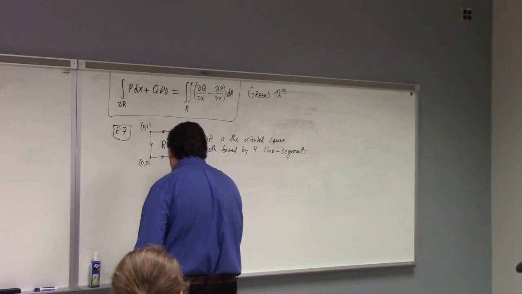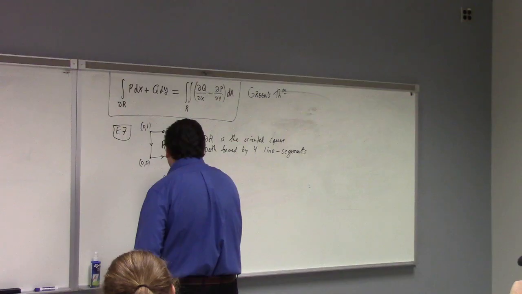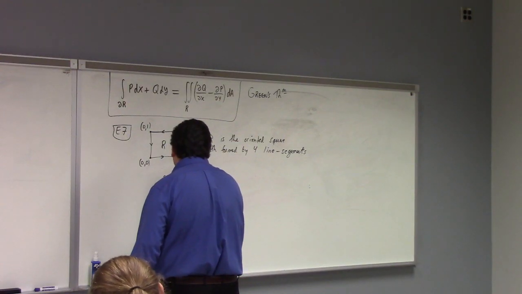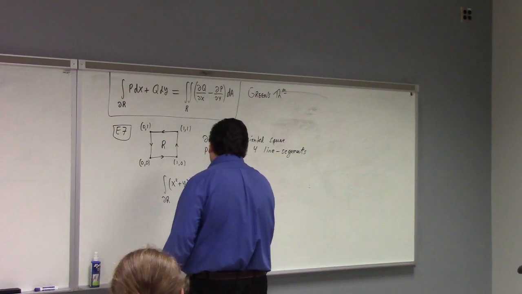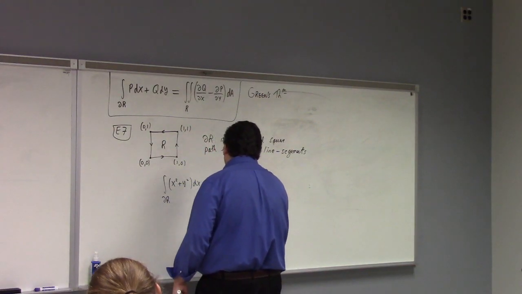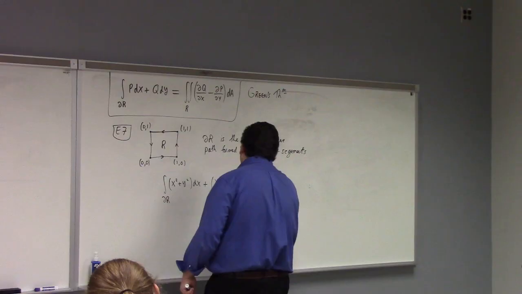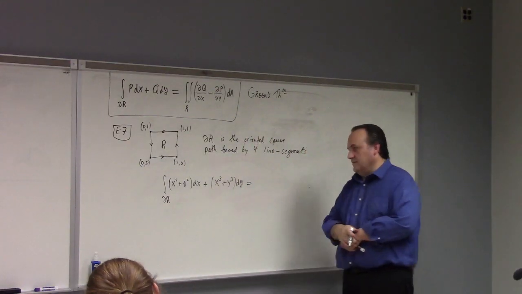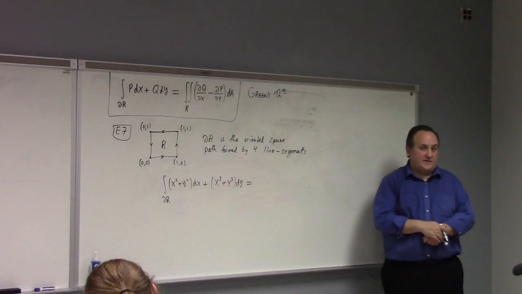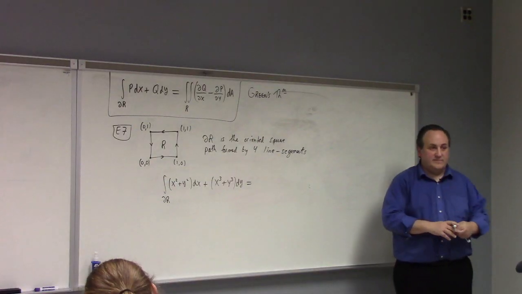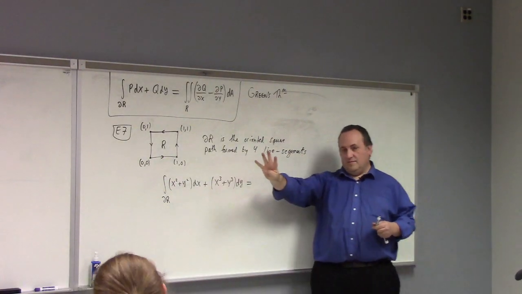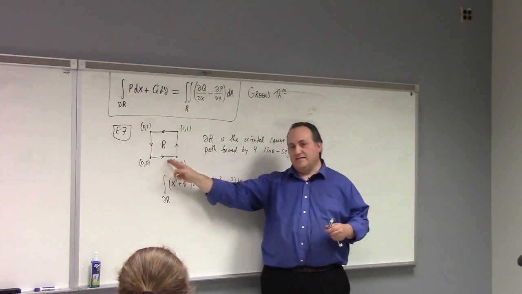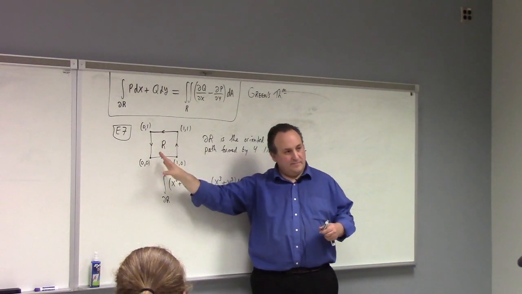So if somebody asks you to calculate x squared plus y squared dx plus x cubed plus y cubed dy over that square, how many integrals are you doing? You're doing 4 separate integrals because you have to parameterize each line segment one at a time.